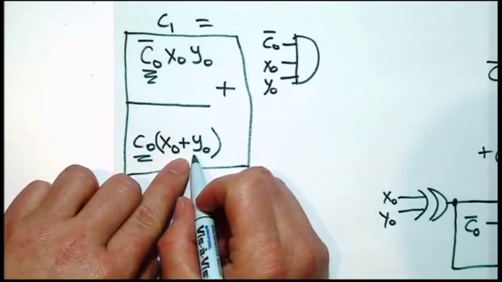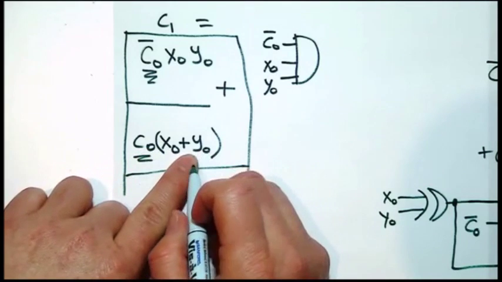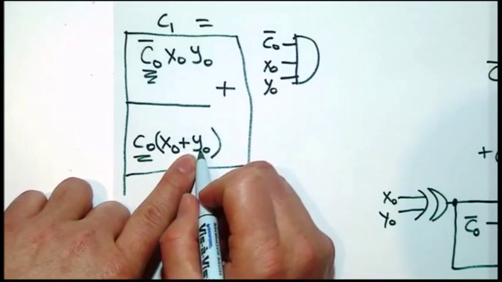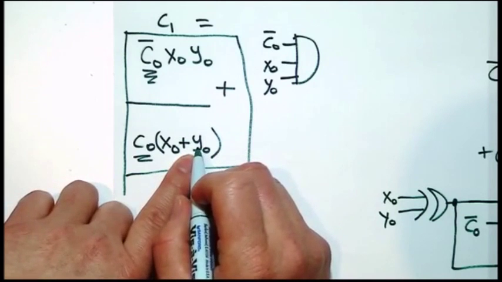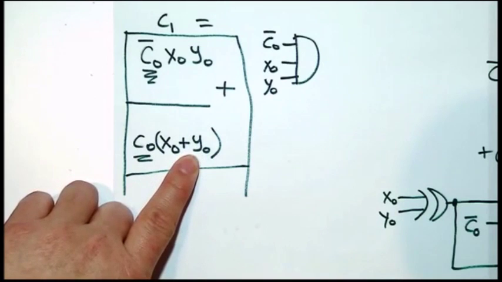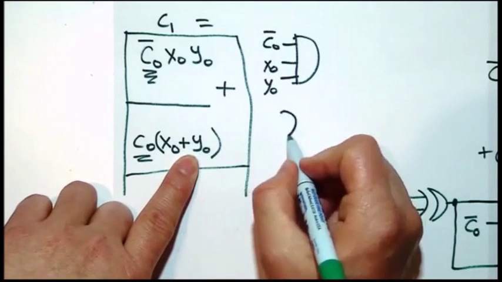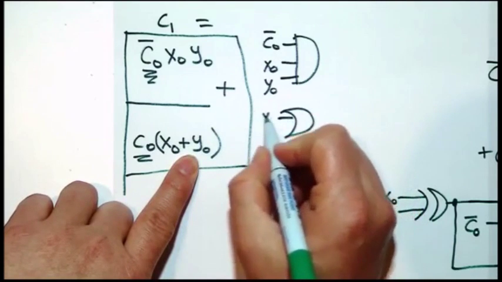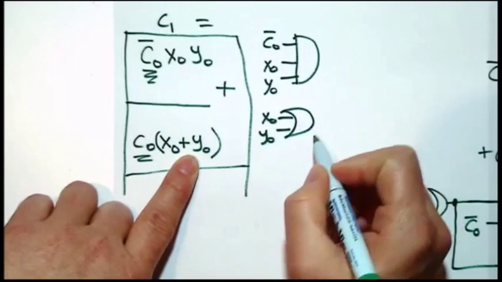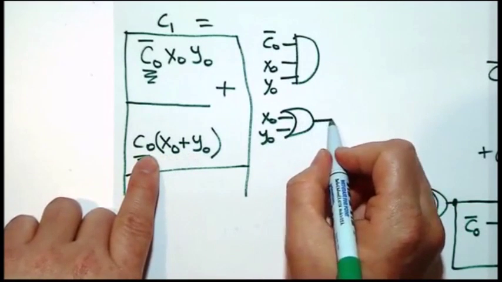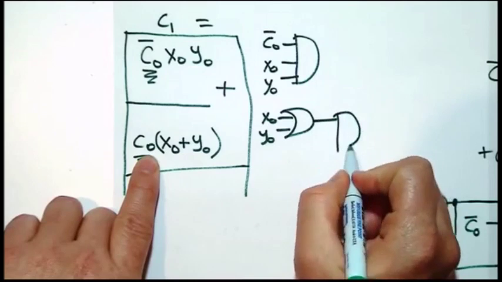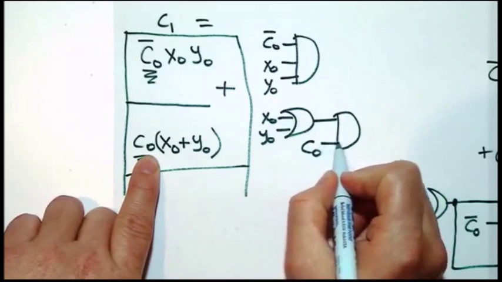Okay, and then this is an OR. I can't do this until I have this OR done. And I can't do this OR until I have this term done. So I can do this OR of x0 and y0. And then I need to AND the output of that with C0.